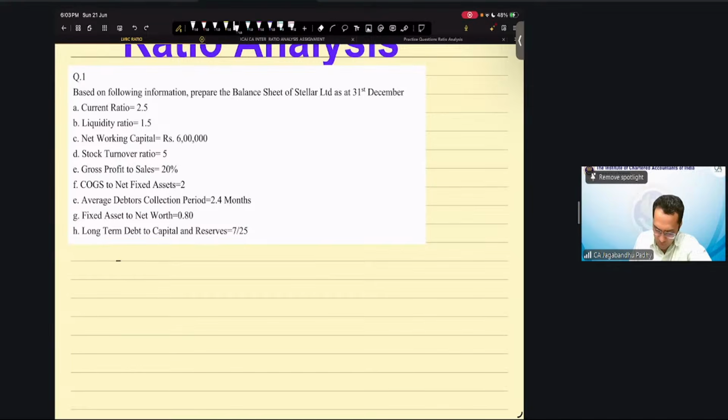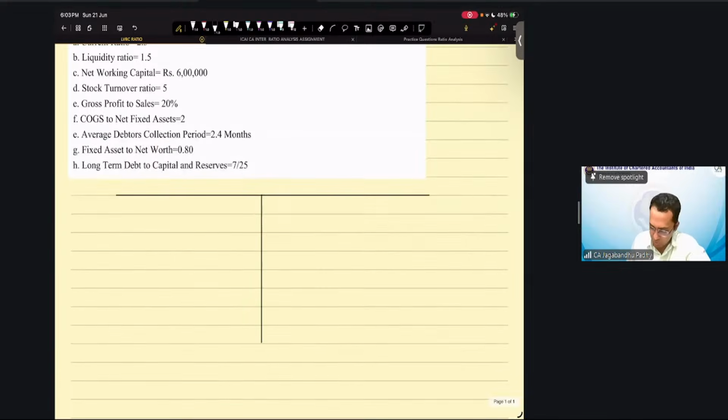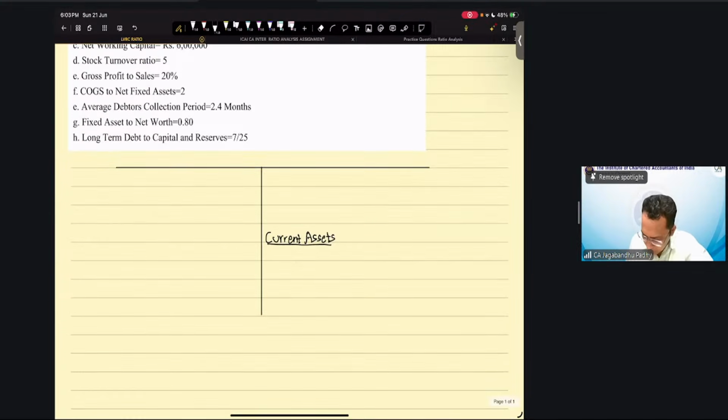So going by this, first, let us try to have the broader format for this particular question. We need to be very clear what are the things in the balance sheet we need to compute. So as far as the balance sheet is concerned, we do have the current ratio and liquidity ratio. So definitely we are going to have current assets, and within that current assets, we are going to have stock and other current assets.